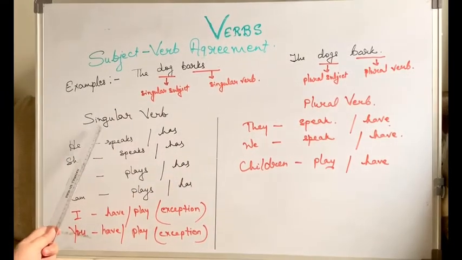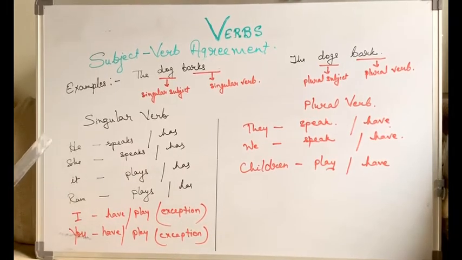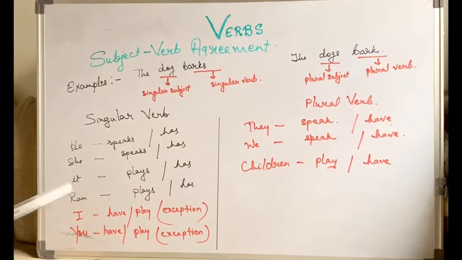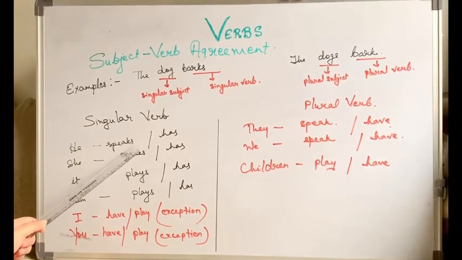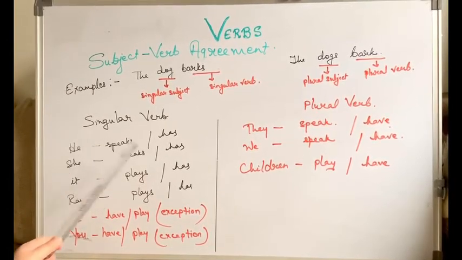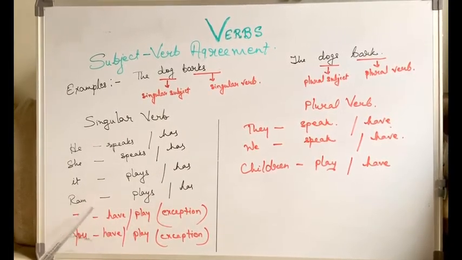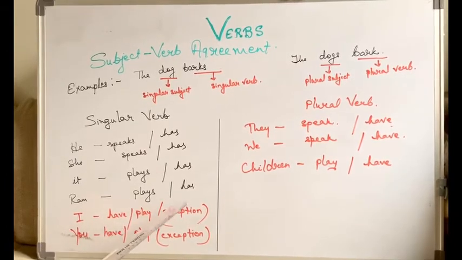Let's see some more examples. With the singular subjects he, she, it or any noun, we add s to the verbs, like he speaks, he has, she speaks, she has, it plays, it has, Ram plays, Ram has.